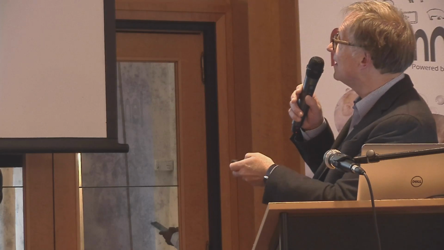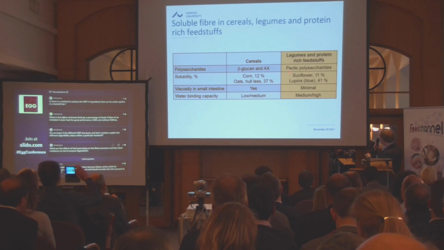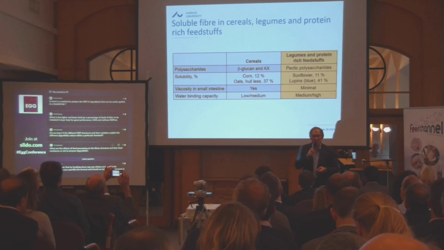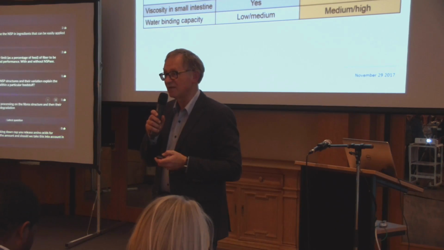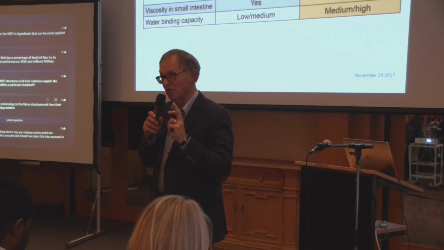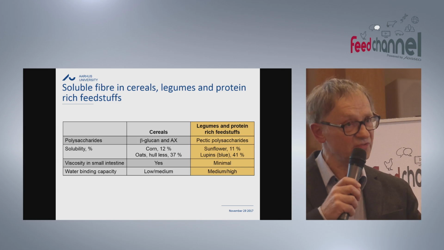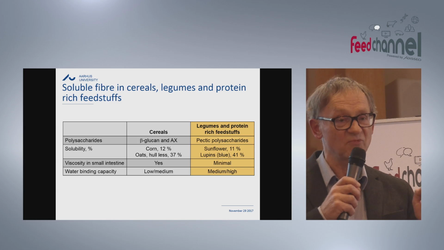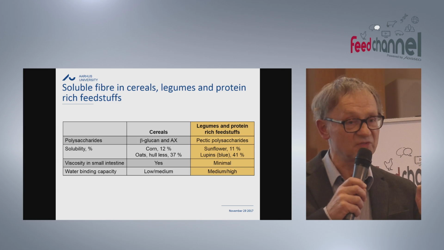Another aspect which is also quite important to look into here is that pectin polysaccharides are also what we often think of as something that can create viscosity. That is also true if we are working with isolated pectins. But it's not the case if we are providing the pectins in natural feedstuff materials.